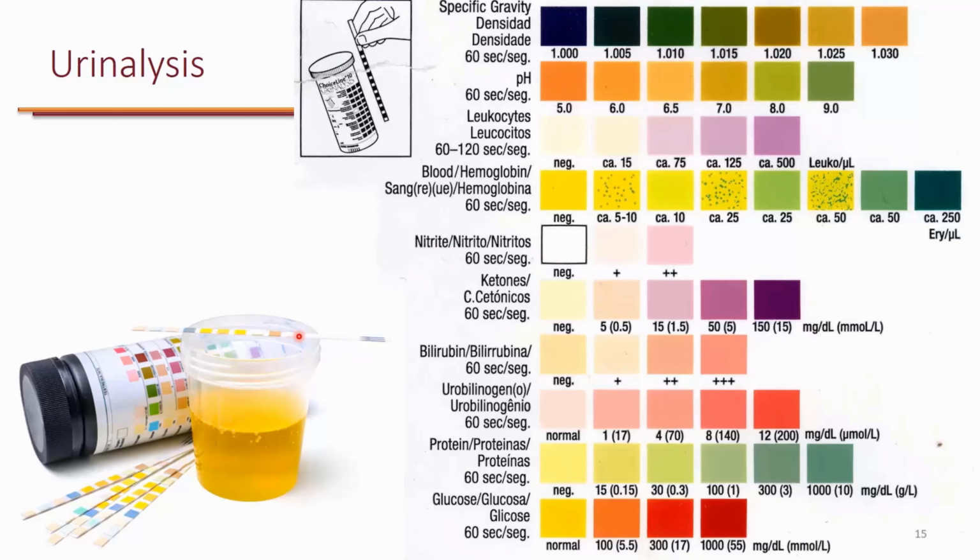There's a section on the strip for nitrite, and they see how the color changed and tell you if it's negative, or kind of positive, and then definitely positive. And you can do this for other things. For example, if they wanted to see if there's glucose present, if it's yellow for this particular test, they would say it's normal, and so on.